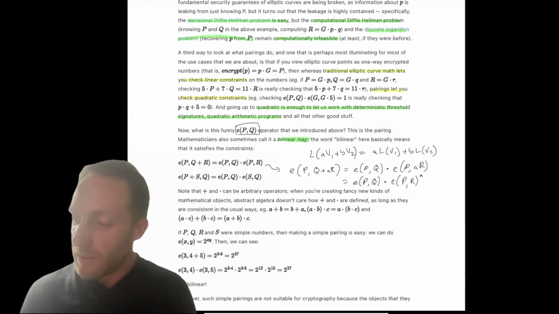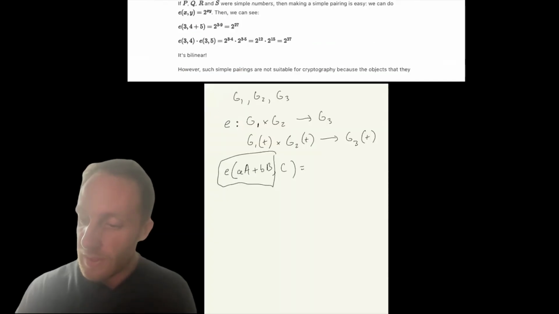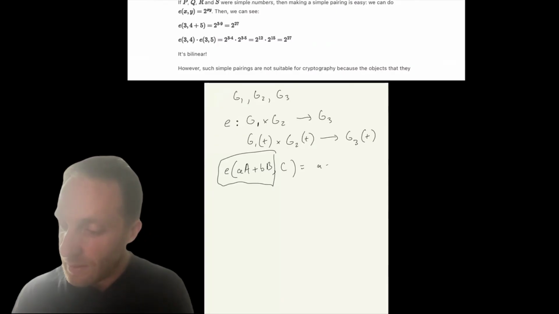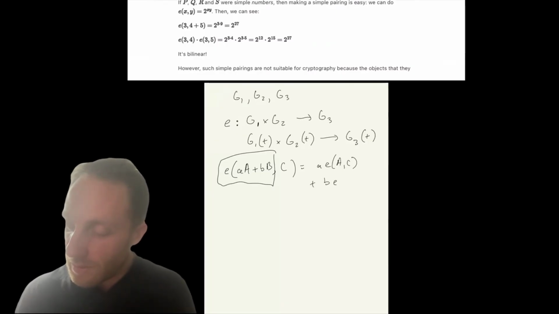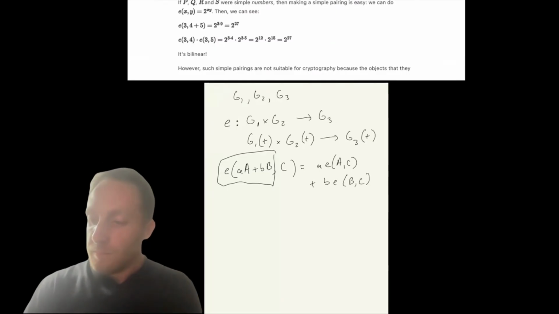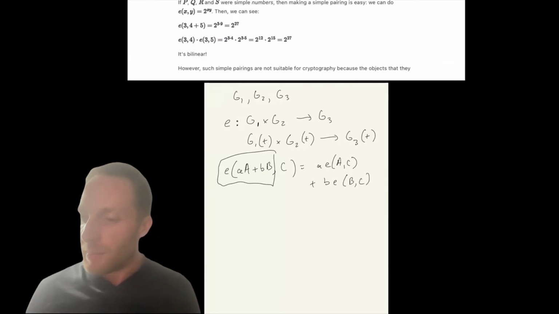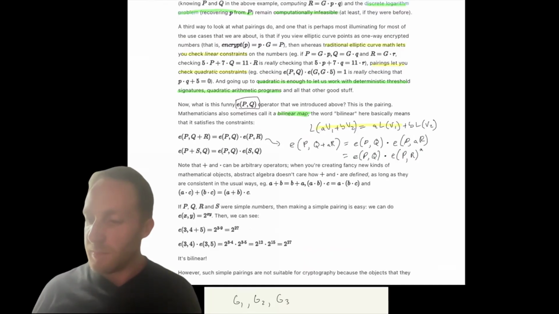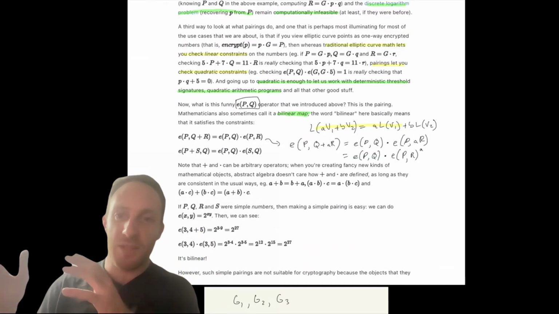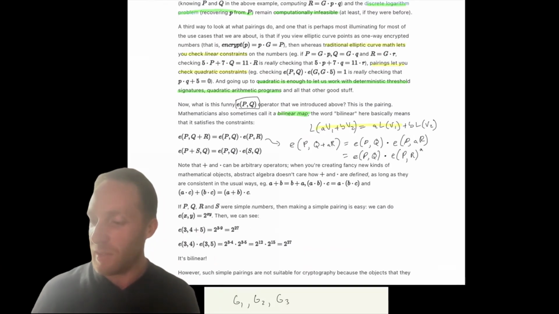That's what bilinear means. So what you get here is just a times e(A, C) plus b times e(B, C), or in multiplicative notation, e(A, C) to the a times e(B, C) to the b. I think that's enough, but at least I wanted to write it down because I feel like Vitalik kind of skimmed over these details. Just having the right syntax sometimes means you're 90% of the way there.